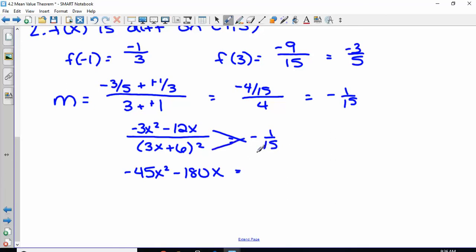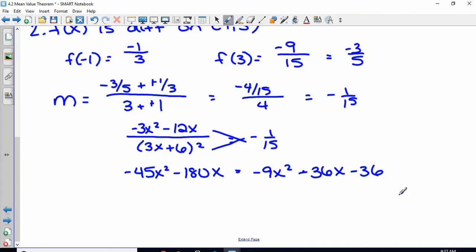If I do this way, can I FOIL this out and run my negative through at the same time? So if we FOIL this, we'd have a 9x squared minus 36x minus 36.